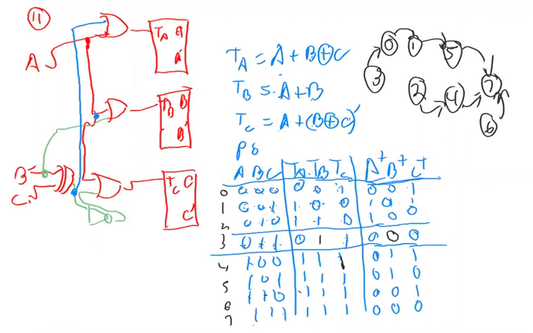And 7 goes to 7. And that is a finite state machine, unlike any that you've seen before.